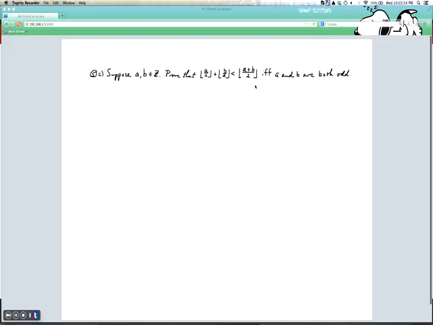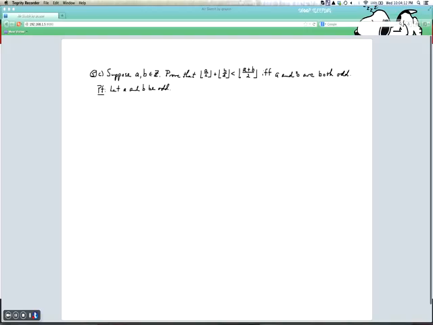So we'll start off with this side right here and prove this. And then this to prove that, but I'll do it by using the contrapositive. Okay? So here's our proof.